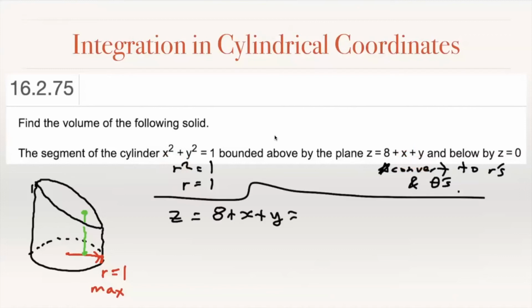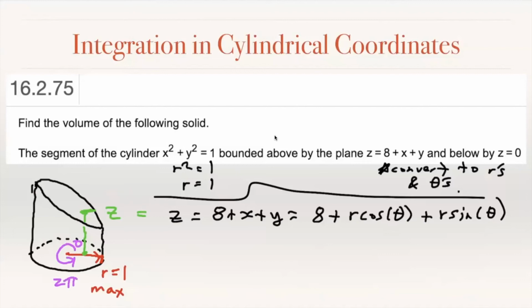Well, recall transforming from polar to Cartesian and vice versa. It's just trigonometry. X is the same as r cosine theta, the adjacent, and y is the opposite on the triangle, that's r sine theta. So in other words, this maximum z here is this. Okay, and theta does a full revolution from 0 to 2 pi.